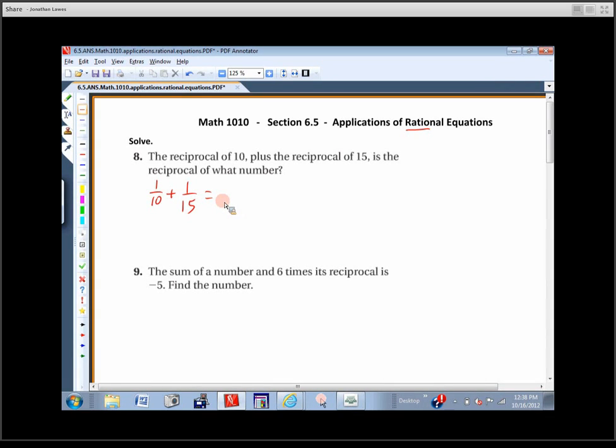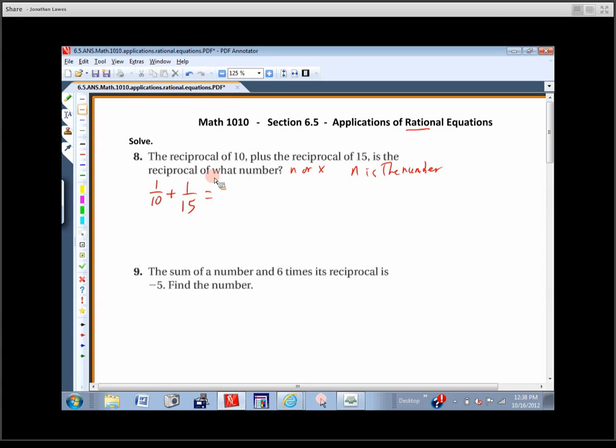Now, do we know the number? We don't know the number, so let's either use n or we could use x for that. I don't really care. Again, it's good to use a variable that reminds us of what we're looking for. So on this one, I'm going to go ahead and use n. If n is the number that we're not sure of, what would its reciprocal be? Well, the reciprocal of 10 was 1/10.